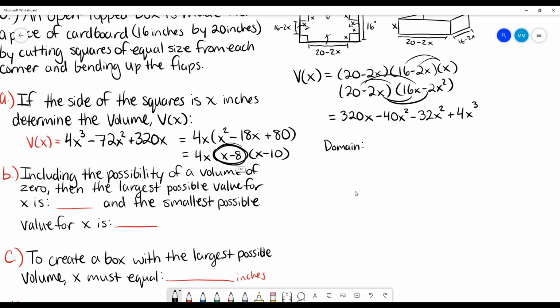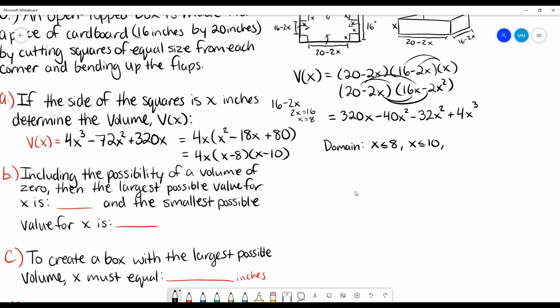So if 16 minus 2x is the highest I can go, then 2x equals 16, x equals 8, and we see that here. So our x has to be less than or equal to 8, and that could get us a volume of 0. It also has to be less than or equal to 10 because of our other side, but that's covered by our less than or equal to 8.